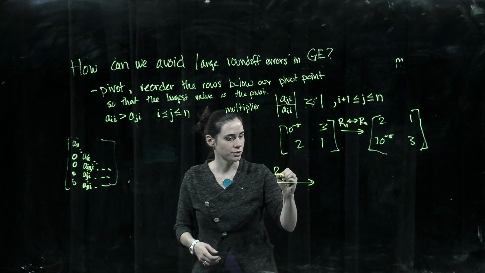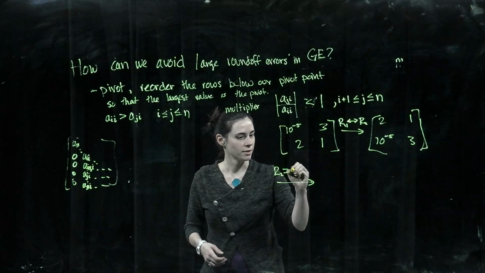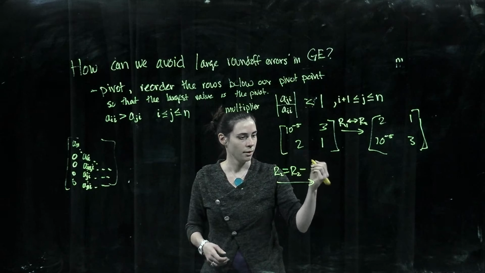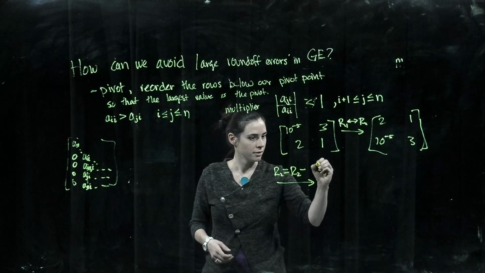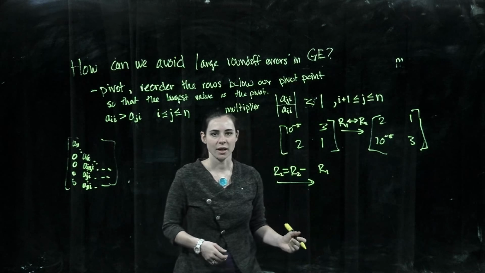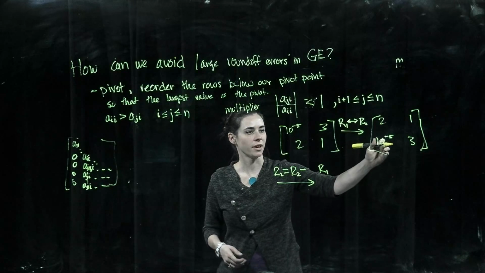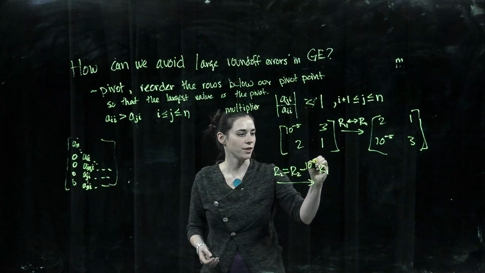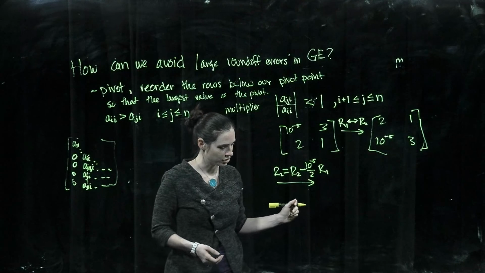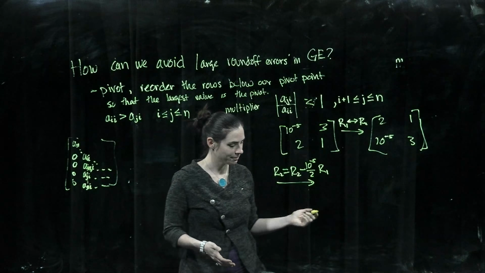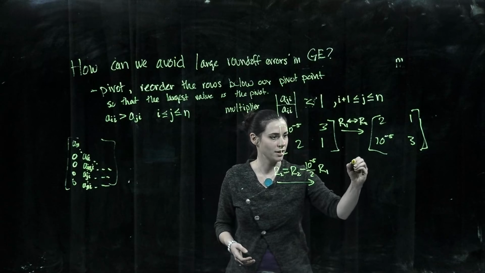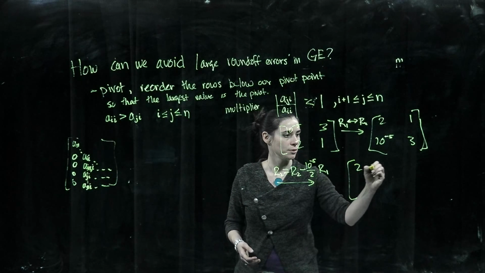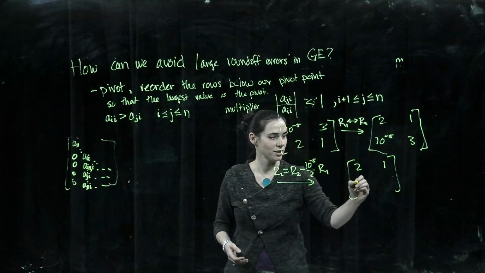We're going to take row 2 and set it equal to row 2 minus our multiplier times row 1. But this time, rather than our multiplier being 2 divided by 10 to the negative fifth, which was a really large number, we have 10 to the negative fifth divided by 2, which is a very small number. And so this is going to end up being 2, 1, because that row's not changing.